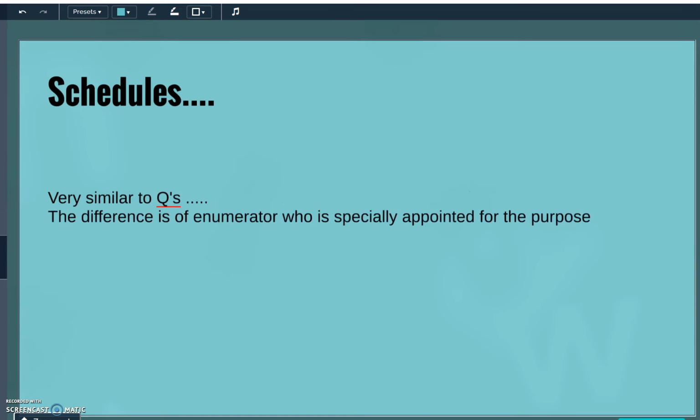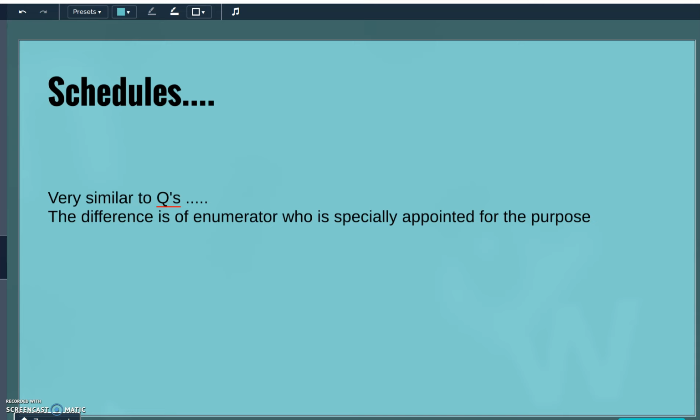Questionnaires and schedules are very similar. The only difference is it's a form of questionnaire where the enumerator is going there and collecting the data himself and is appointed for the purpose. The main difference is a schedule is filled by the enumerator who is specially appointed for the purpose.